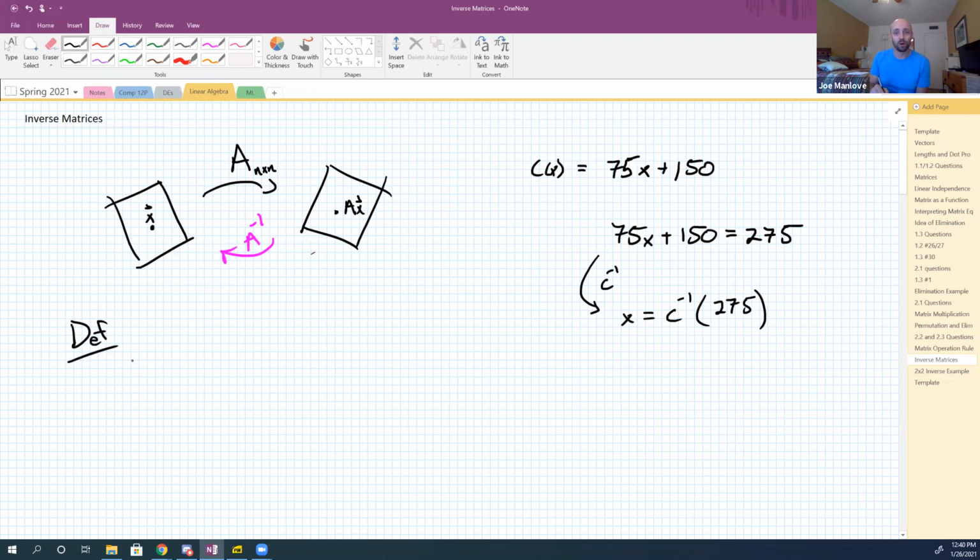I'm a little short, so I'm just going to throw this up there. A square matrix A, which we'll assume is n by n, has an inverse B, also n by n, right? Because this is going to be R^n as a vector space over here, and this is going to be also R^n as a vector space.